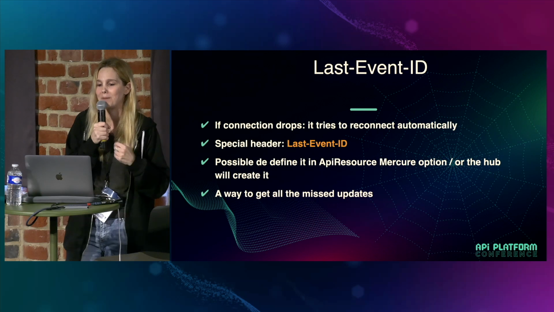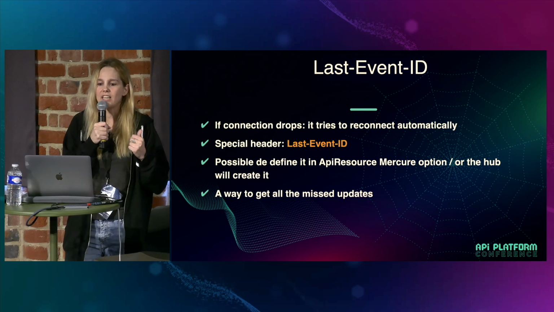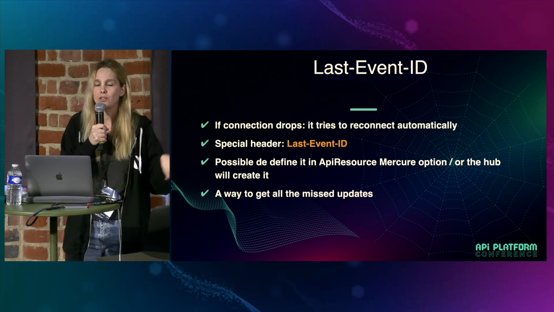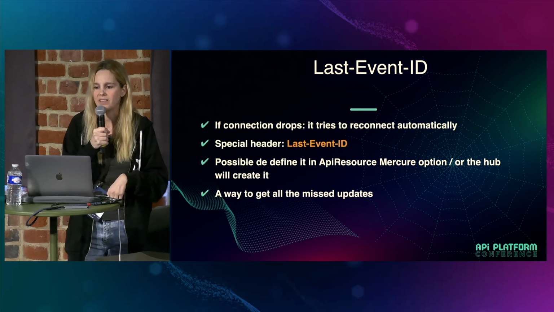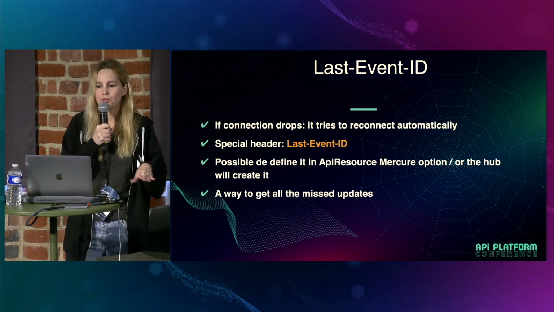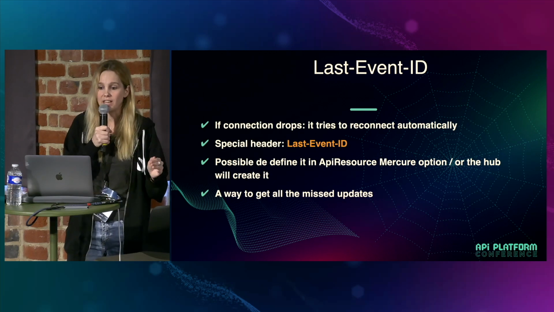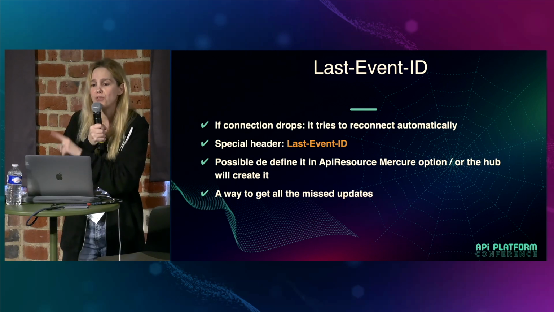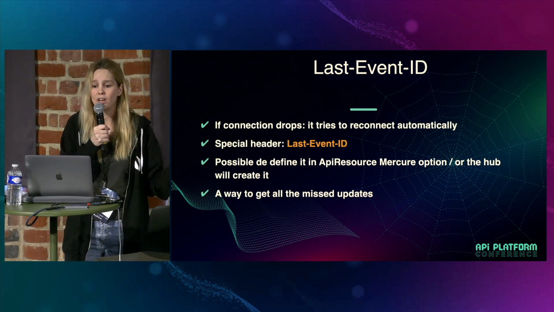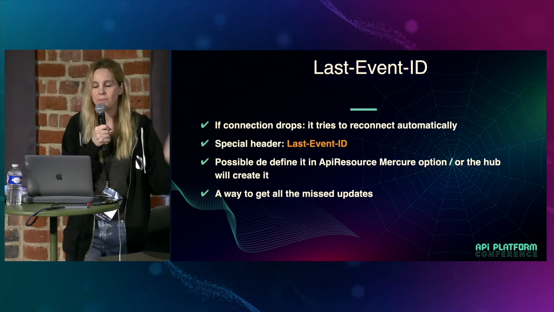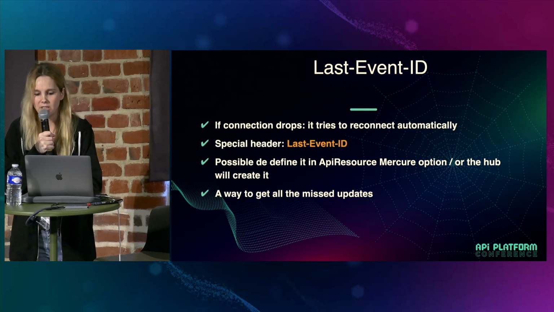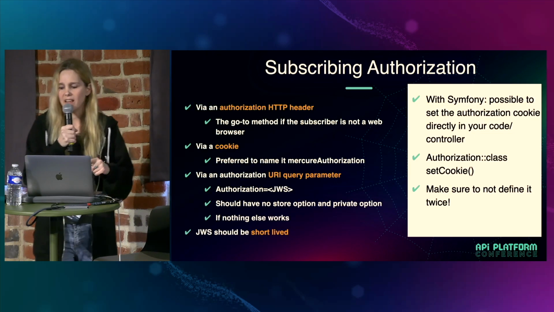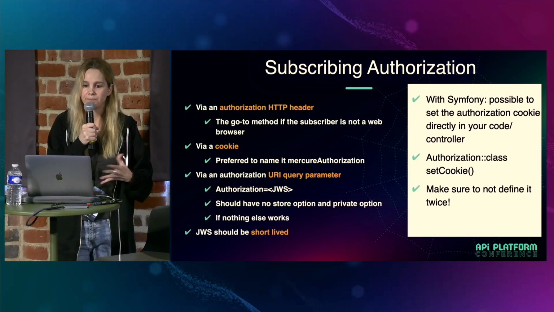I don't know if you remember. If you don't set it, the hub is smart enough to handle it automatically, so no worries about that. And this is really crucial for us because if it loses the connection, it will reconnect and use that last event ID header to retrieve any missed updates. And it's automatic.